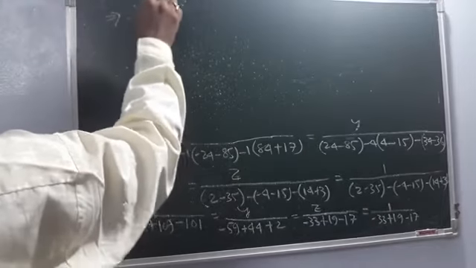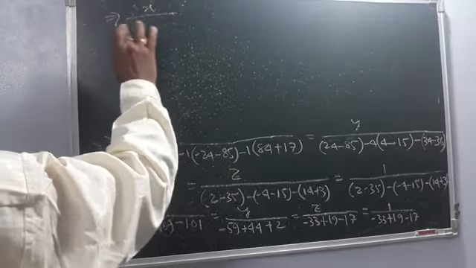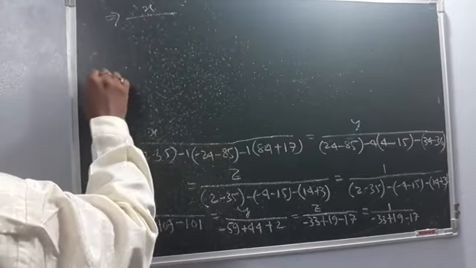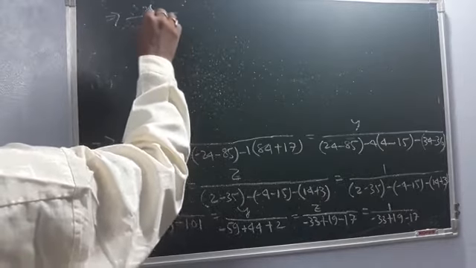If we do the simplification, that is x, it is what? 233 minus this one, it will be 4, 2, 1.